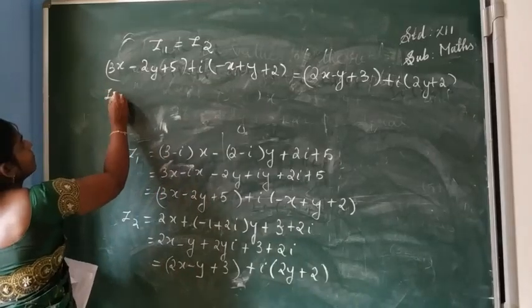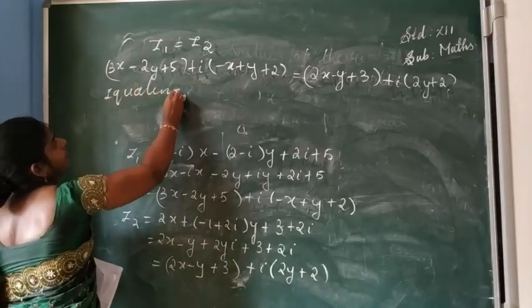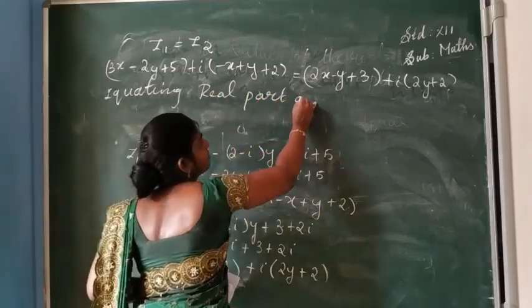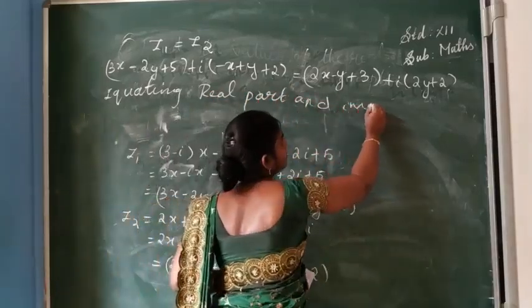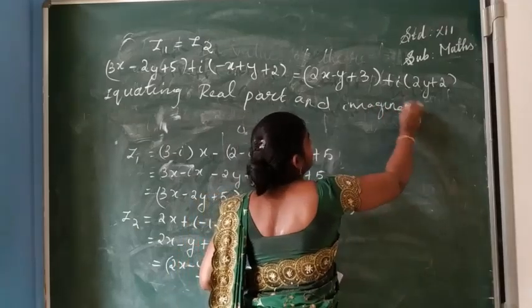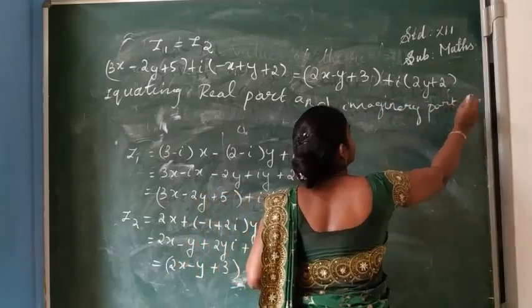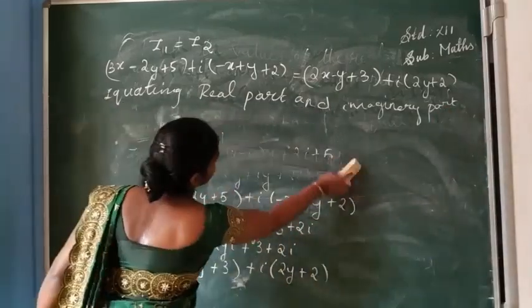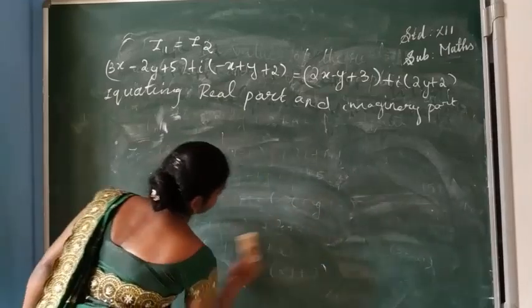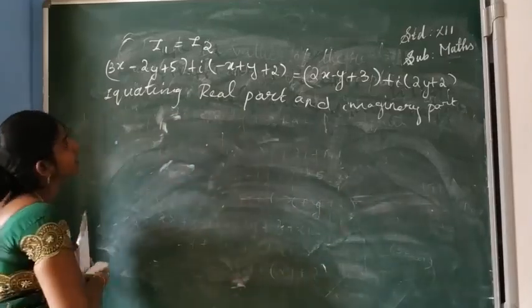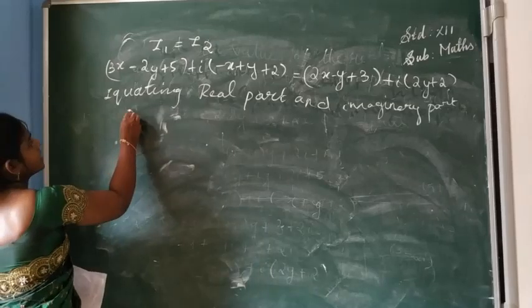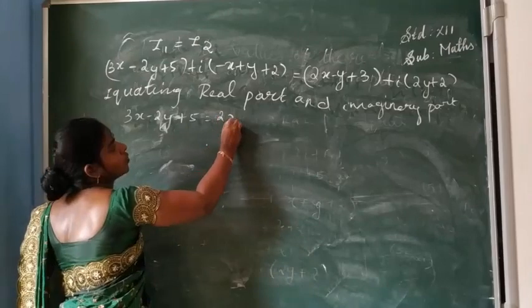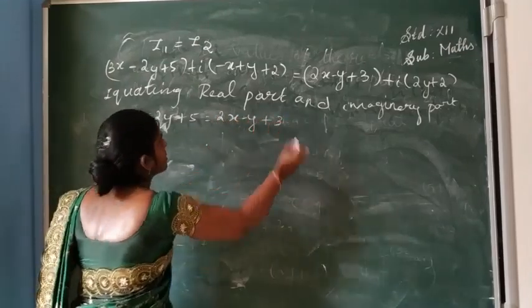Then equating real part and imaginary part. So first we can equate the real part. 3x minus 2y plus 5 equal to 2x minus y plus 3.